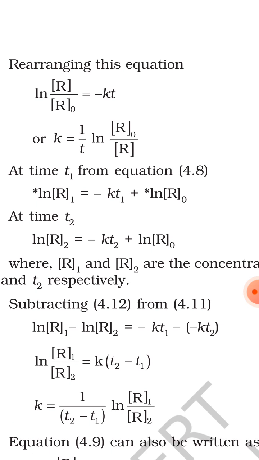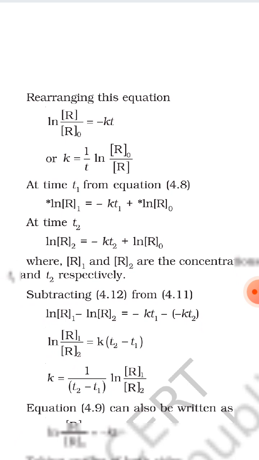To avoid this negative value, the numerator and the denominator got exchanged. The equation turned opposite to avoid the negative value, and therefore k becomes the rate constant of the first order reaction, because k equal to 1 upon t ln of the initial concentration of reactant upon the concentration of reactant at time t.